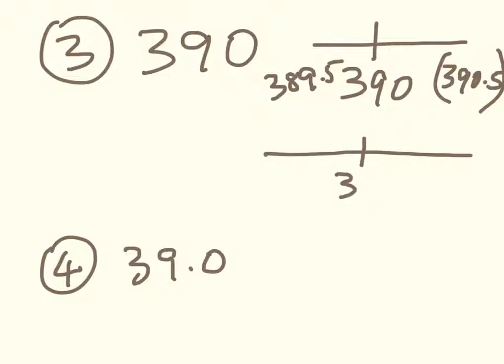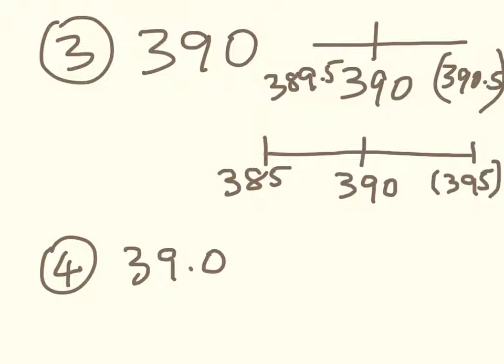But it's quite possible that that 390 has been rounded from somewhere between 385 and 395, just below it. So the least number of significant figures, which is what we usually think about, is 2.